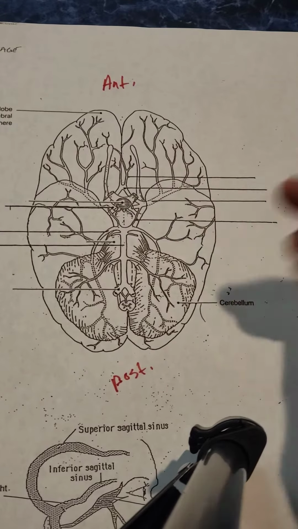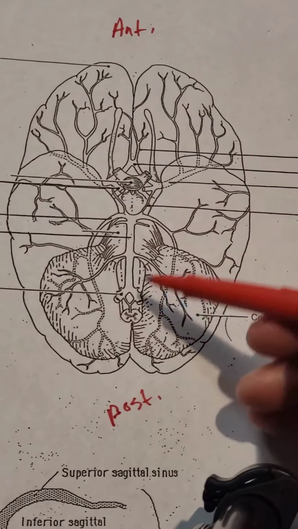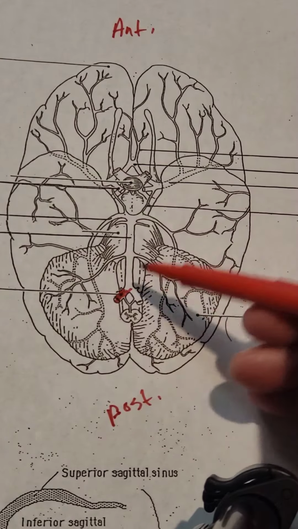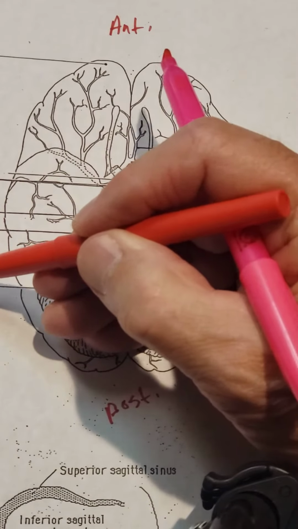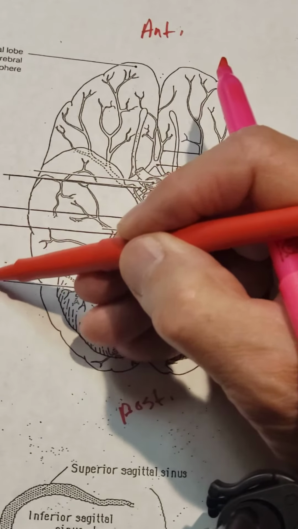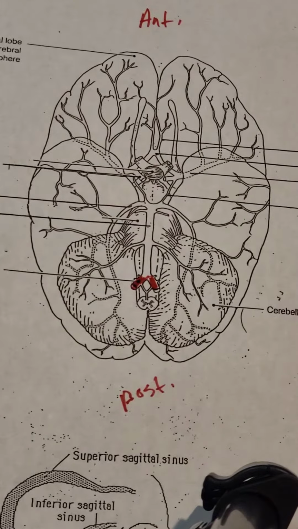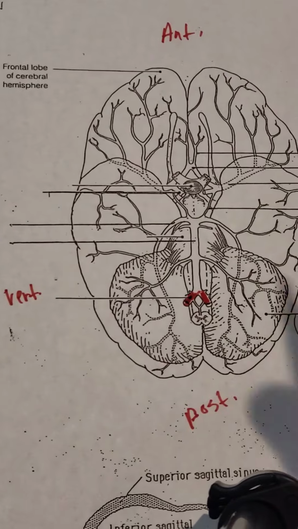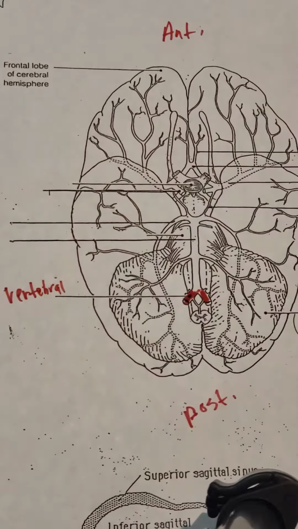So let's actually move backward a little bit. Let me enlarge just a tiny bit here. These two vessels here bringing blood to the brain are our vertebral arteries. These are all arteries that we're drawing out up here on the circle of Willis. So those are our vertebral arteries right there.